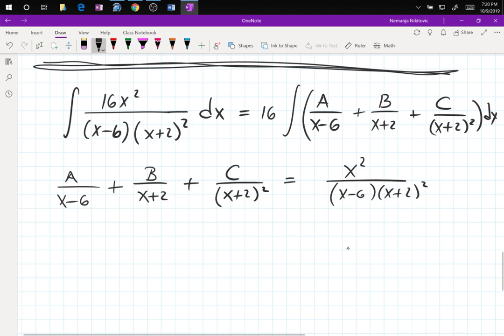So we played the game of what's missing, right? The last one is just x minus 6. This one is missing x minus 6 and x plus 2. And the first one is missing x plus 2 squared.